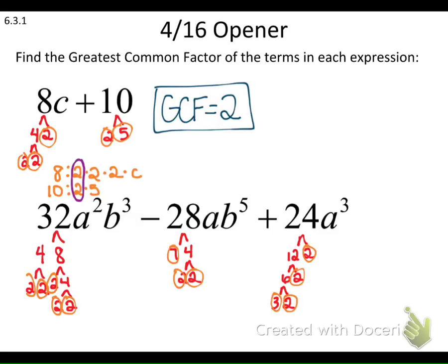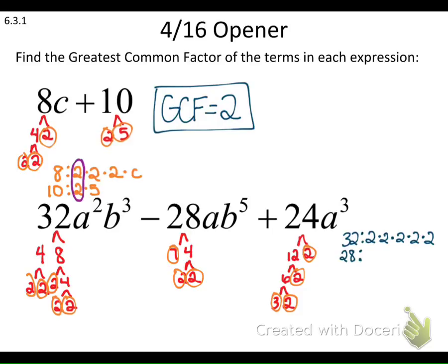All right, now I'm going to go ahead and write these out. I have 32 is equal to 2 times 2 times 2 times 2 times 2. I have 28. Negative.